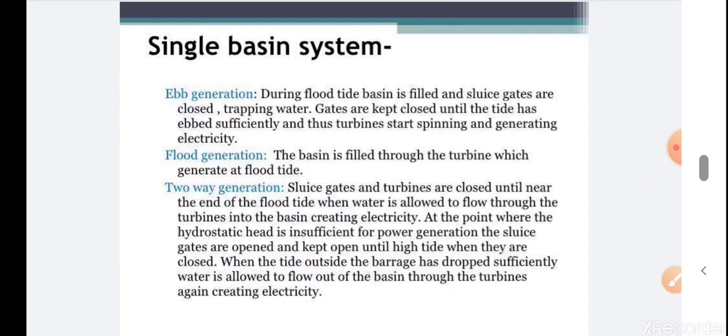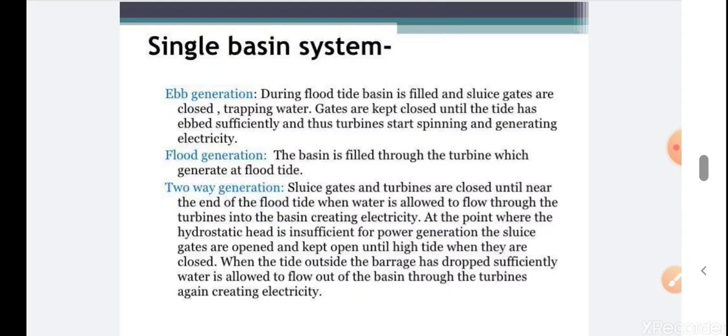In ebb generation, the water is trapped in the basin and the gates are kept closed, and when the tide has ebbed sufficiently on the seaside, then the gates are opened and the turbine starts spinning and generating electrical energy.